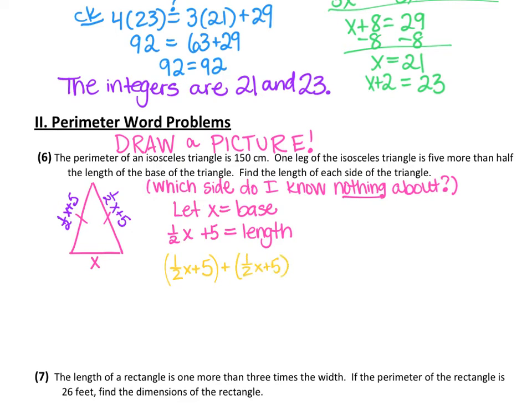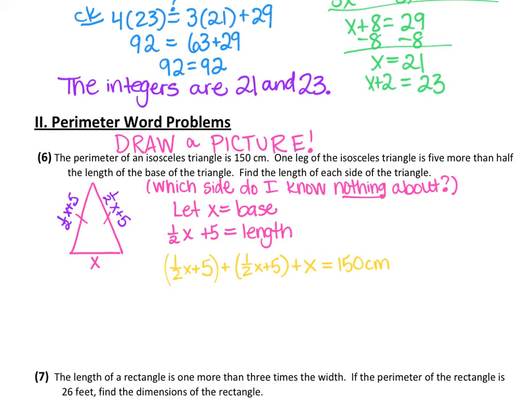You could also write 2 times 1/2 x plus 5, because you know that there's 2 of them. Either way works. And then I'm going to add my base. So now I have all 3 sides.